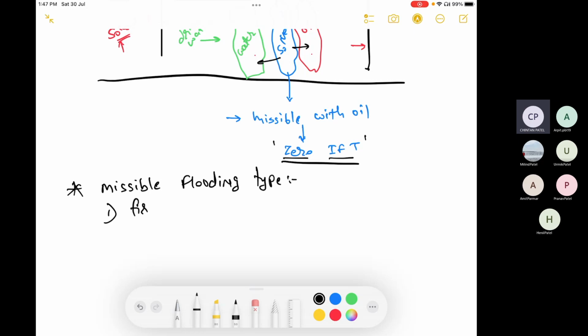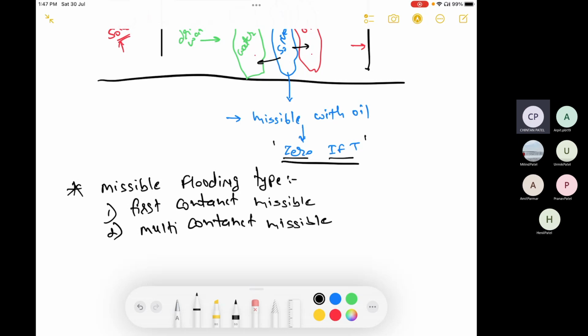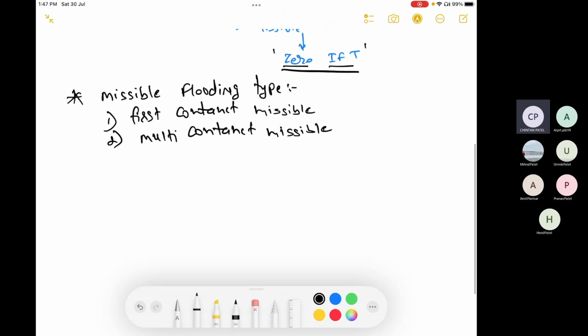The first method is first contact miscible, and the second method is multi contact miscible. By name itself, you can see the first will be miscible in first contact itself, and in the second it will be miscible after multiple contacts with oil.